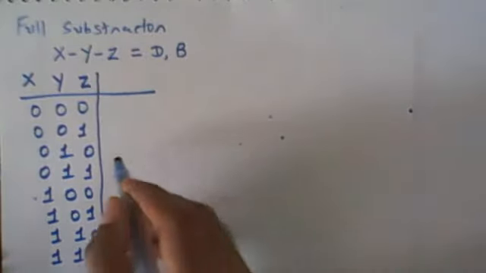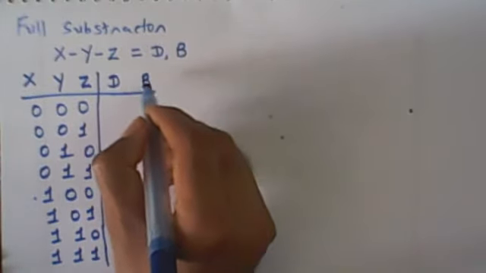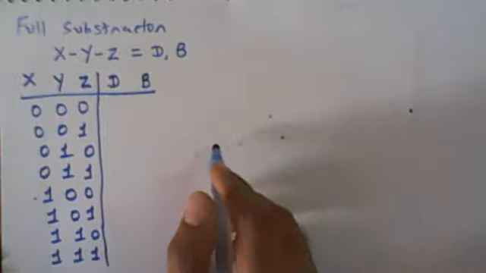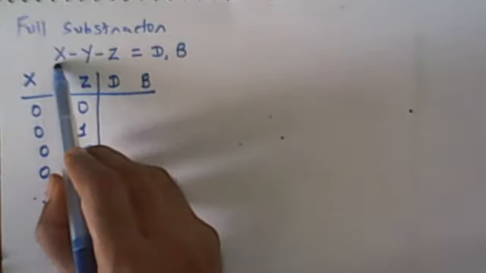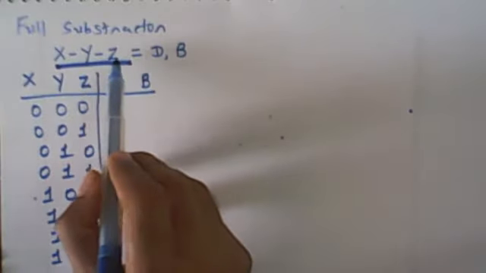Right? For each input combination, let's find what the difference bit is and what the borrow bit is. So here we remember the function we want to perform. We want to perform x minus y minus z.